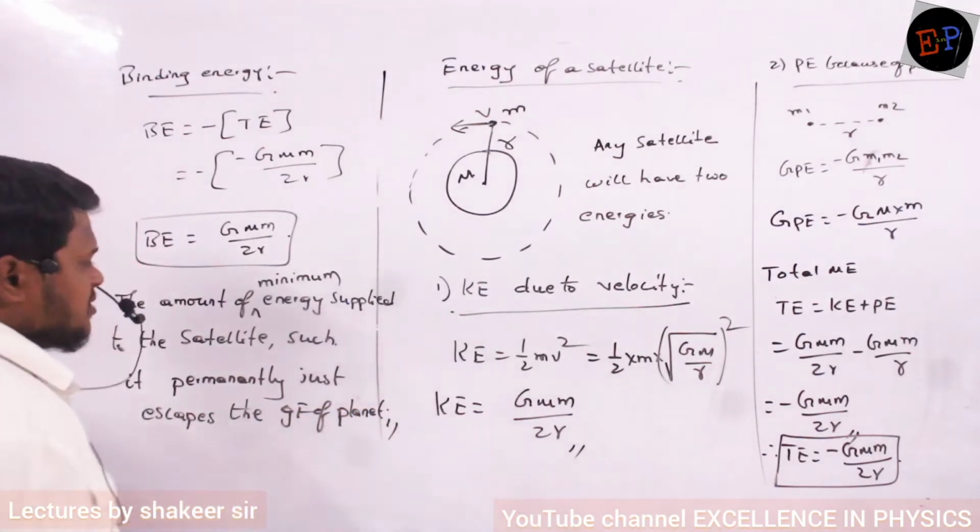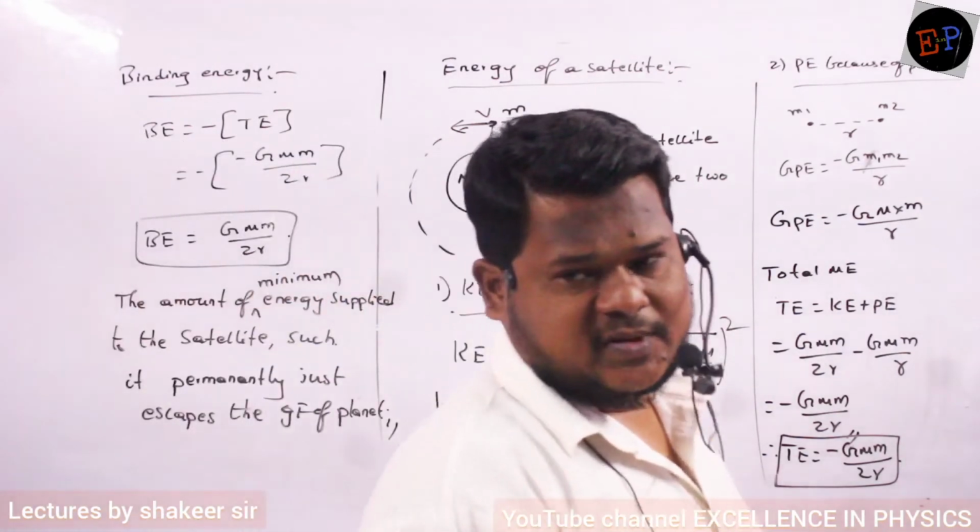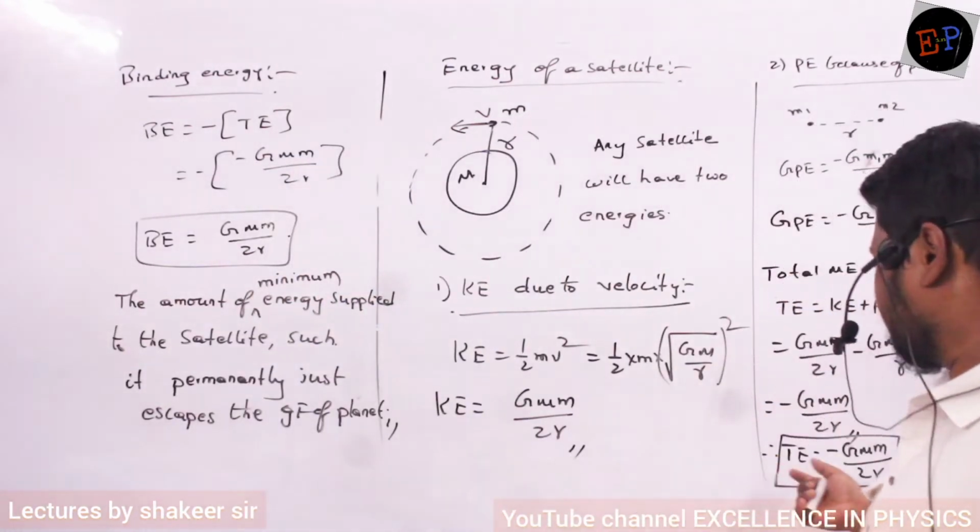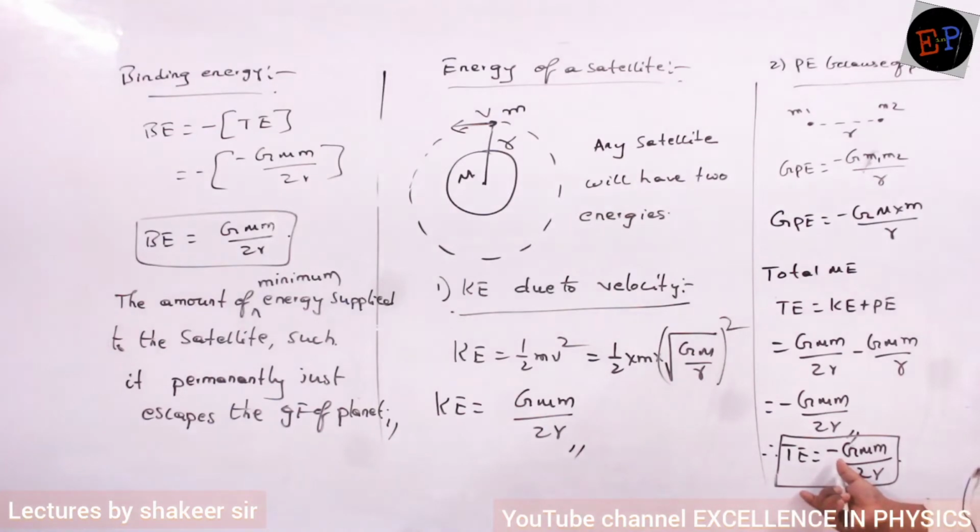That much amount of energy is called binding energy. Because of this much energy, it is rotating around the planet.